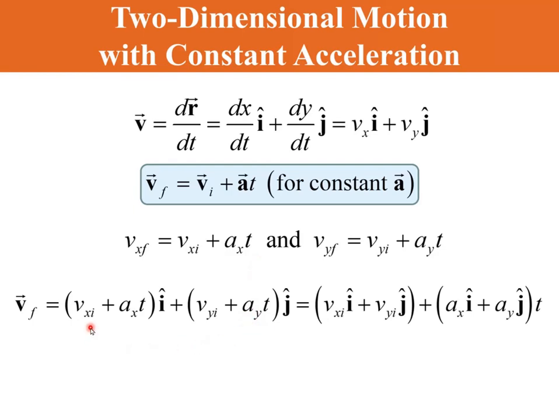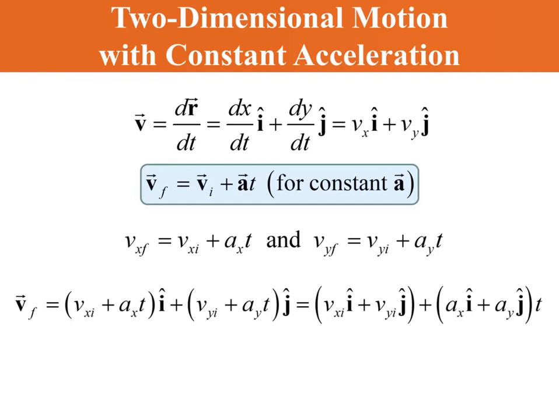So vxi plus axt unit i, plus vyi plus ayt unit j. Then we rearrange in terms of initial and final. So we have vxi i plus vyi j, plus, factorizing these two and these two, t can be put outside: axi plus ayj.